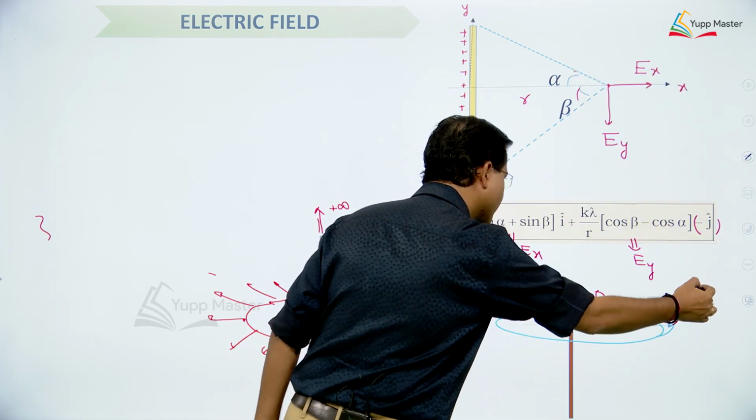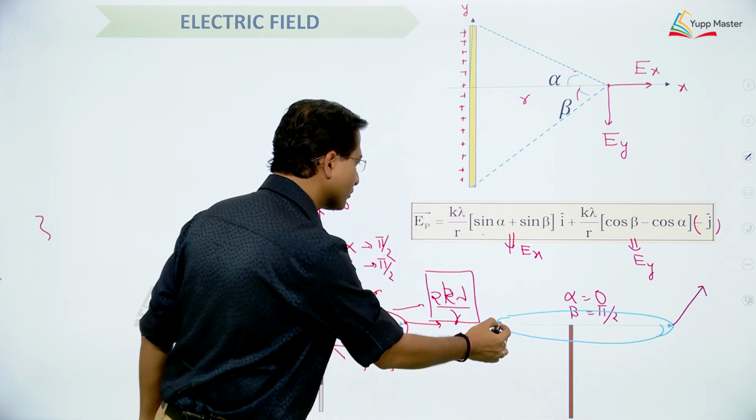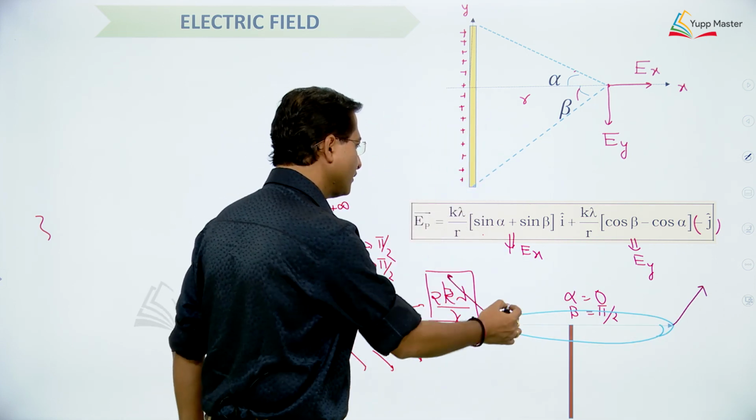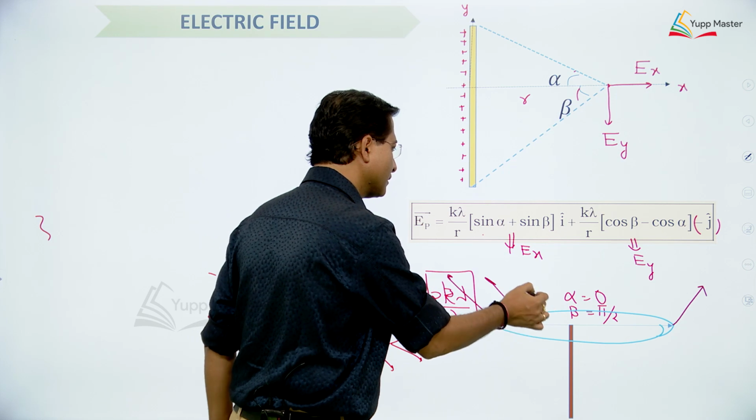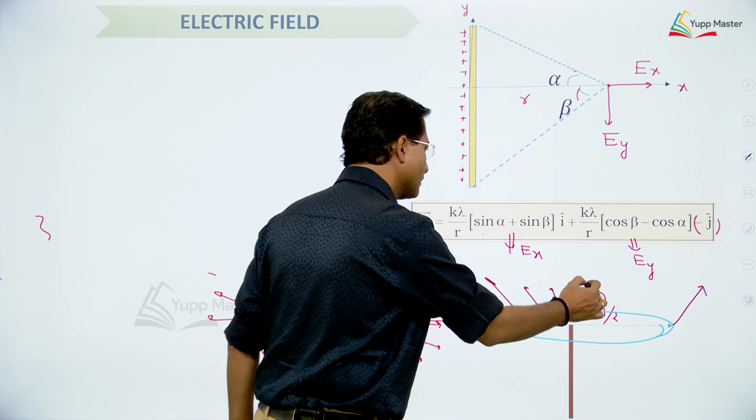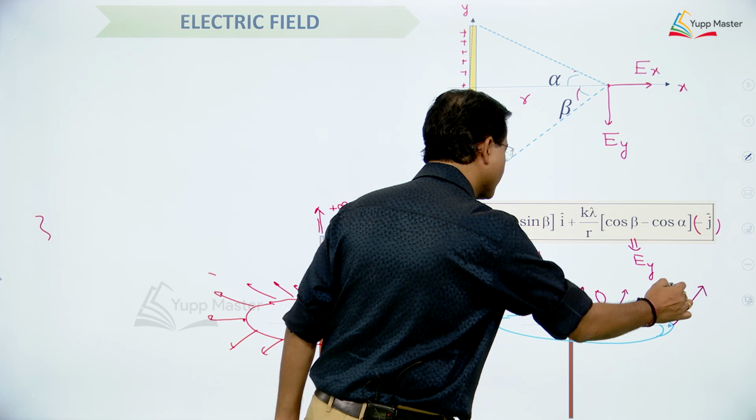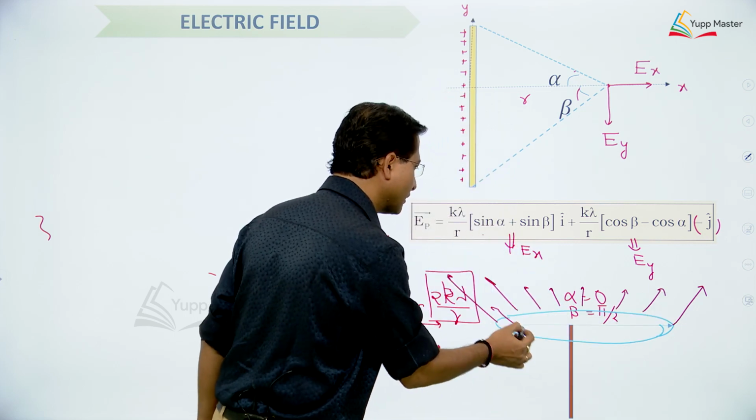At this particular point the field will be this way, at this particular point the field will be this way, here the field will be, similarly for this particular point, making 45.